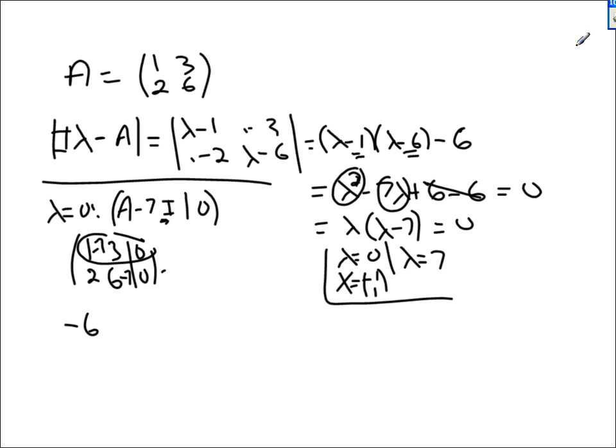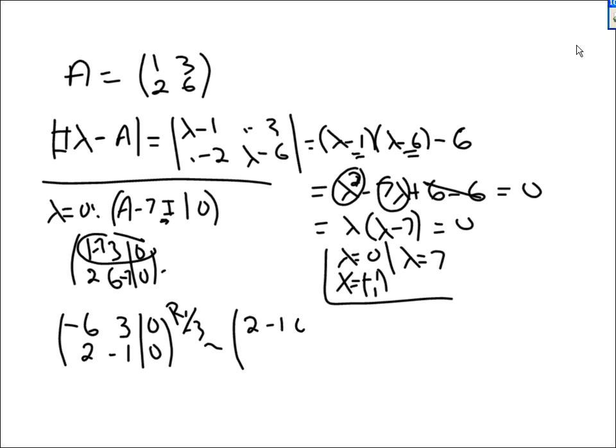I get negative 6, 3, 2, negative 1. And I augment this with 0. Okay, if I divide row 1 by negative 3, I'll get 2, negative 1, 0, 2, negative 1, 0.